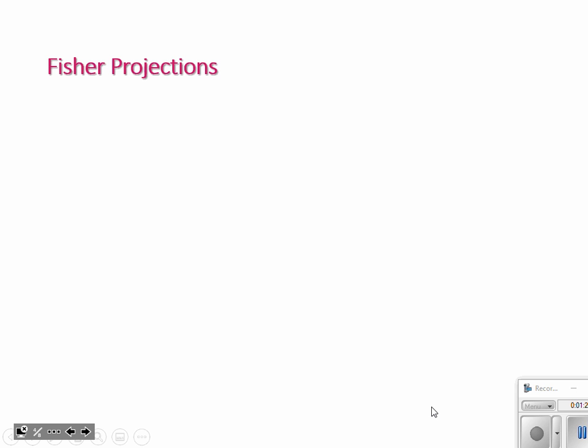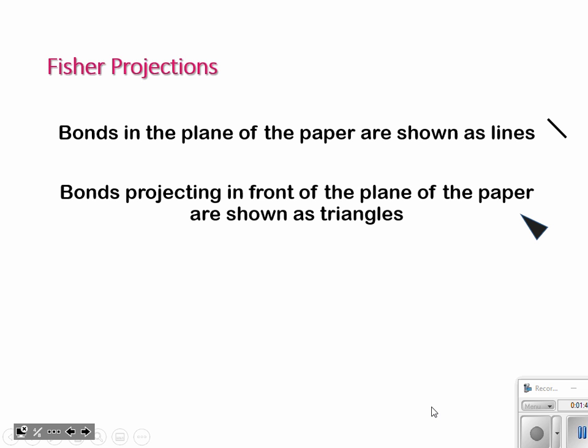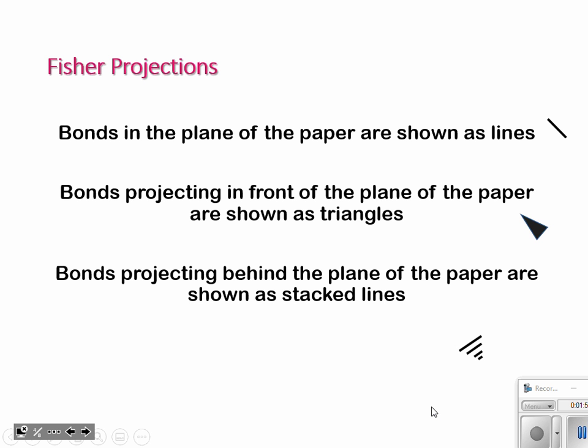Now, when we finished off yesterday, we were talking about the Fisher projections. We said that bonds in the plane of the paper are shown as lines that, I believe on the video, we called hashes. No, we called these dashes. Triangles or wedges are bonds that are projecting to the front of the plane, and the hashes here at the bottom are the bonds that are projecting behind the plane.